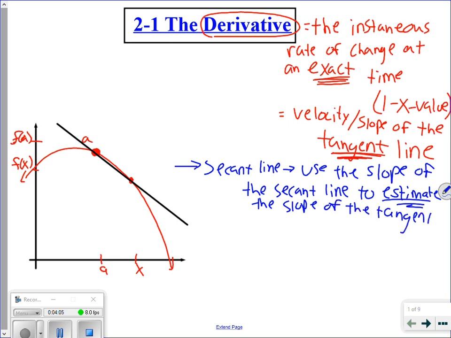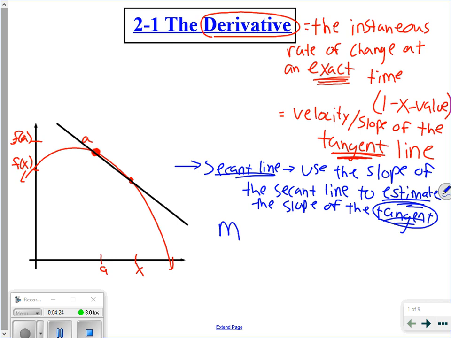Okay? Because we need 2 points to actually have a slope. There was no way to actually figure out the slope of the tangent line. So we used the secant line, and that was just our best guess. We did small intervals to guess pretty close.